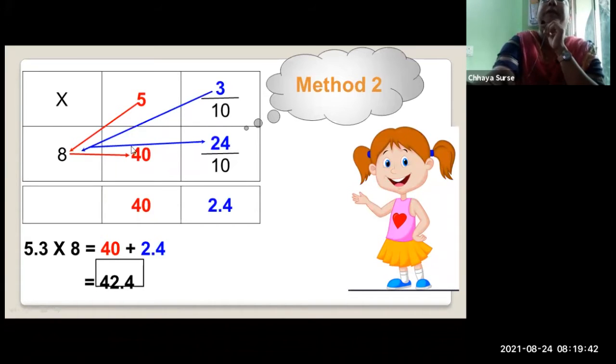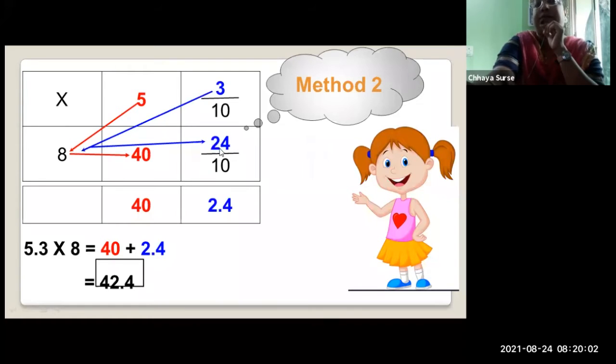No need to multiply the 10 with the 8. Only the numerator digit is multiplied by the 8. So 10 you write as it is. So 40, then 24 upon 10 to convert into a decimal fraction.